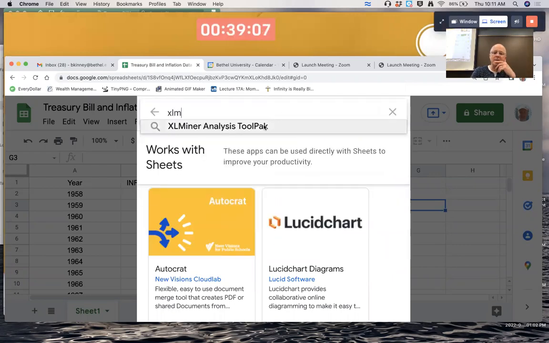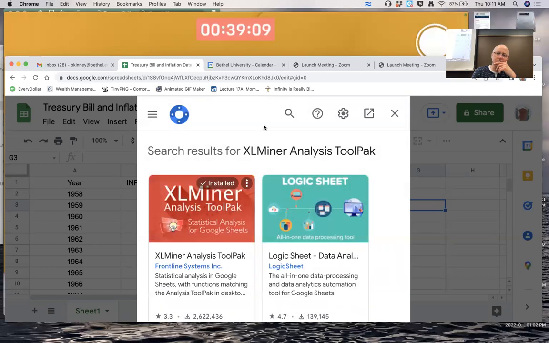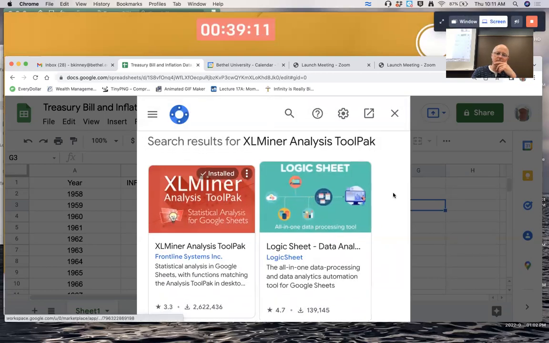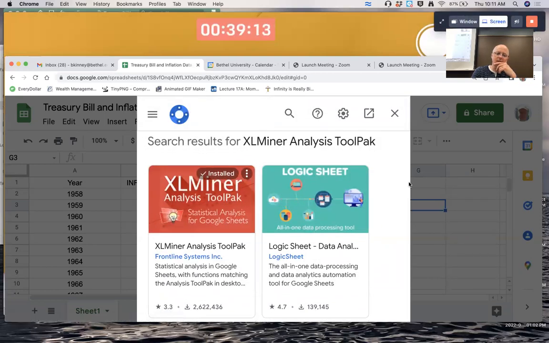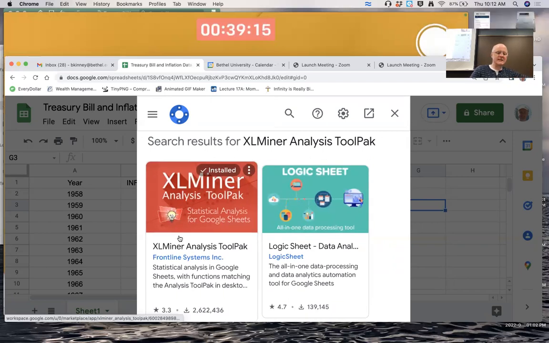XLMiner analysis toolpack. There you go. And you can load it. Doesn't get the greatest reviews, but it is popular. It seems to work fine for regression. I don't have any complaints.